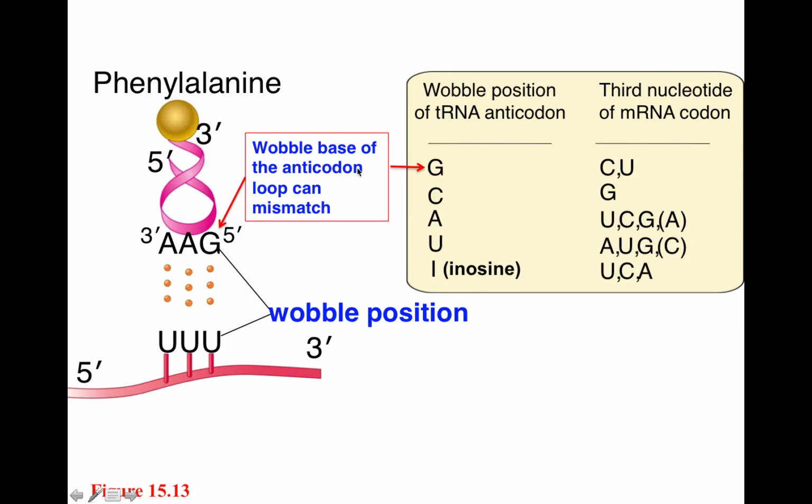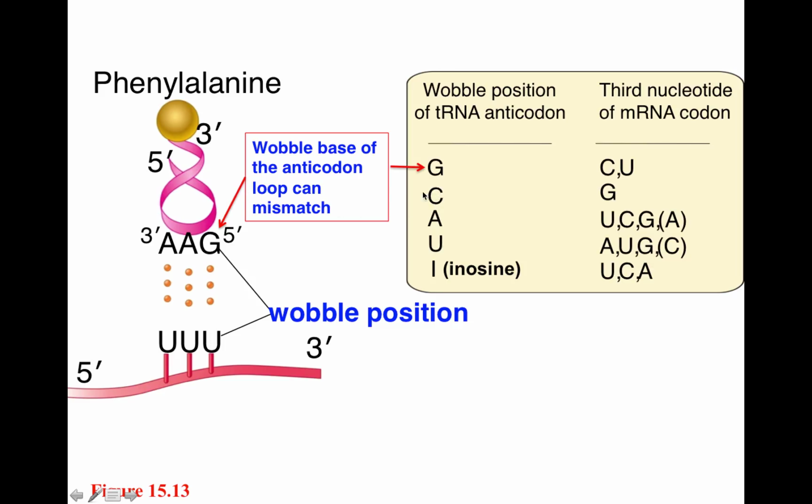What the Wobble hypothesis says is that this nucleotide of the anticodon, the Wobble base of the anticodon, can actually shift somewhat, a little bit, so that it can hydrogen bond with a couple of different nucleotides, a U instead of its normal G. And that's what we see depicted here.